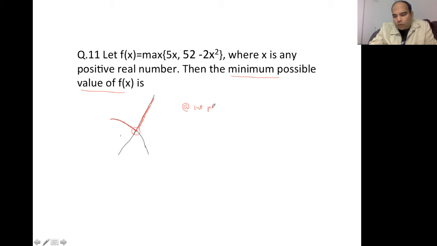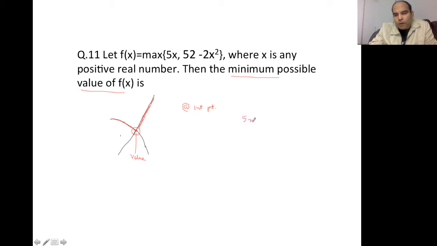Hence, to solve this question, you need to find on the x-axis the value of this intersection point. The intersection point between two graphs is got by equating the two graphs.